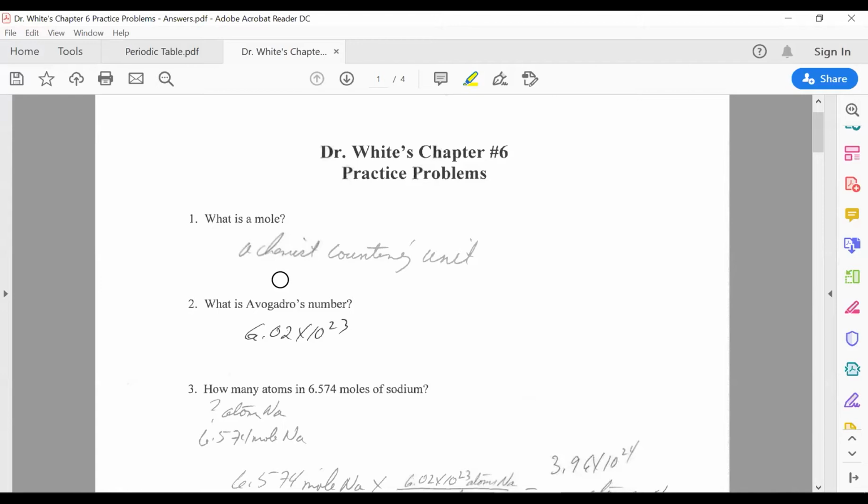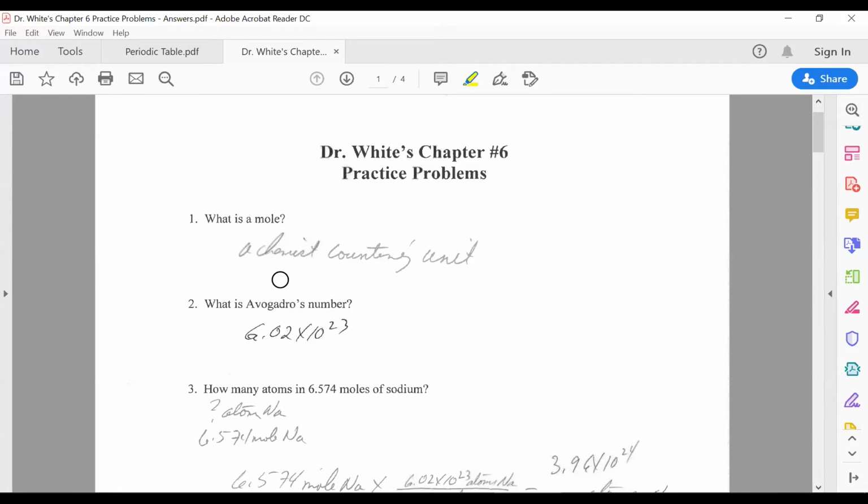And there are others too. You could also put down a mole as Avogadro's number. A mole is equal to the molecular weight of a compound. A mole is equal to the atomic weight of an element. And a mole is equal to Avogadro's number of atoms for an element, of molecules for a compound. So there are many definitions. They're all true. What is a mole?